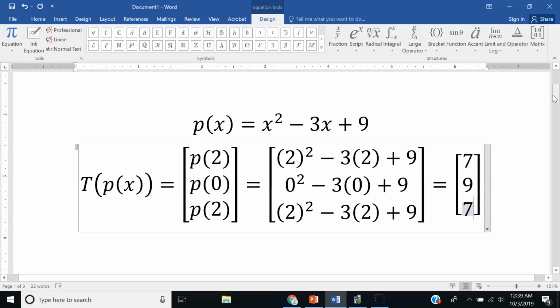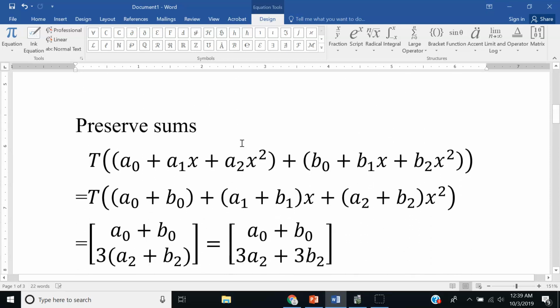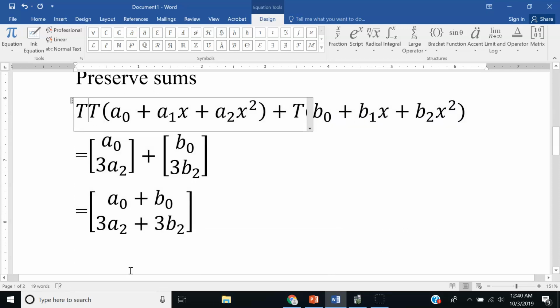Now let's see if this transformation preserves addition and preserves scalar multiplication. Okay, so what we're going to do, let's do preserving sums first. It's going to look very similar to what we just did.